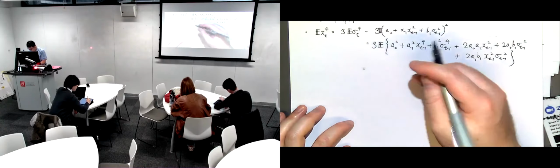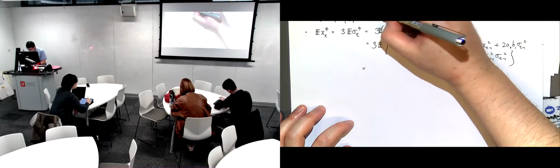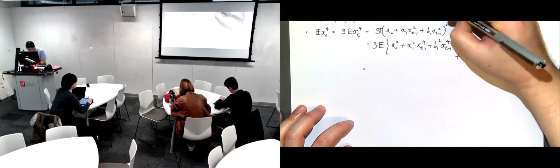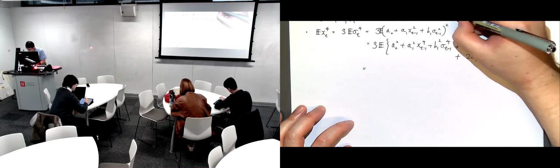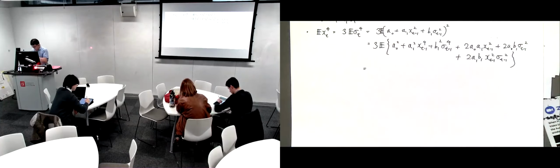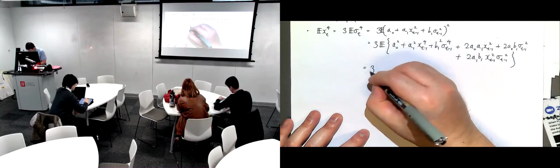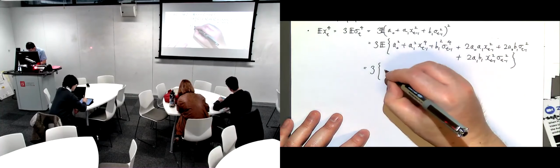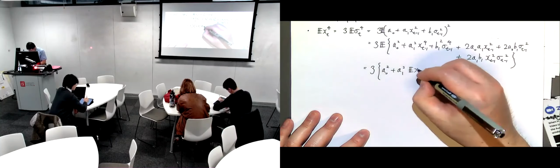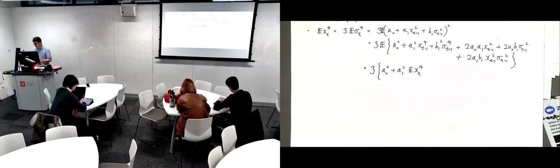Well, fortunately, if it's stationary and if you assume that the fourth order moment is time independent and finite, then you can simplify this, right? So we still write 3 outside, and then take expectation on all of these things. So A1 squared, that's expectation of Xt to the power 4, whenever we can write this.